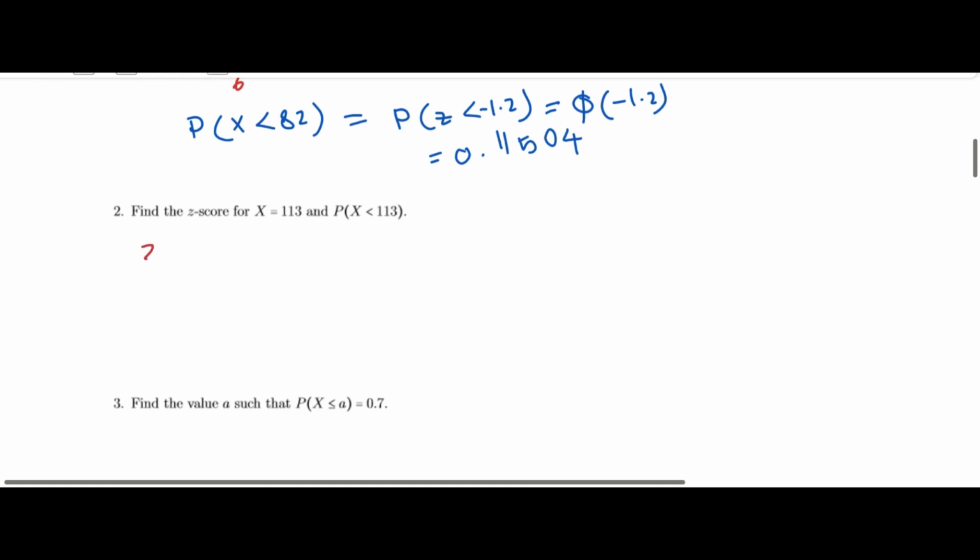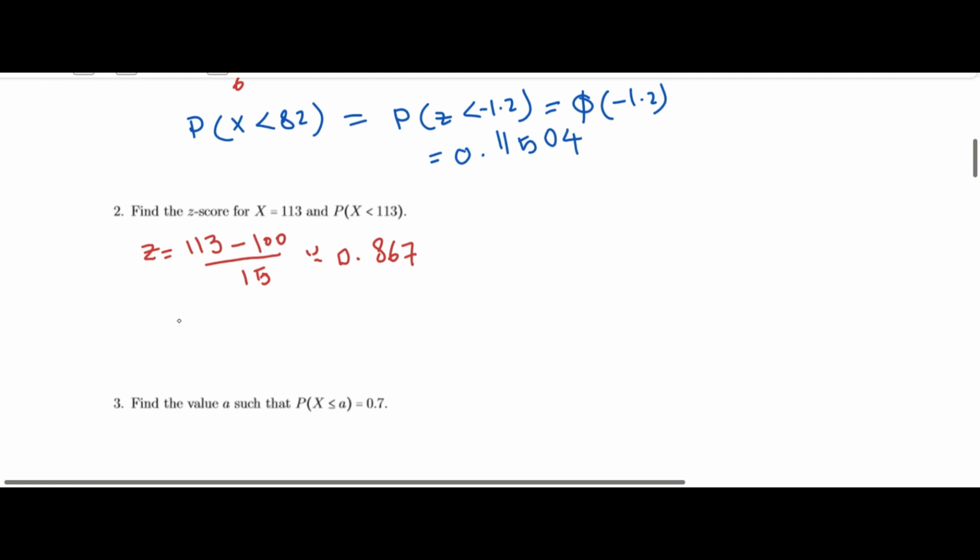Now for the next part, it says find the z-score for x equal to 113. Again, the z-score in this case is 113 minus 100 divided by 15, and that is approximately 0.867.